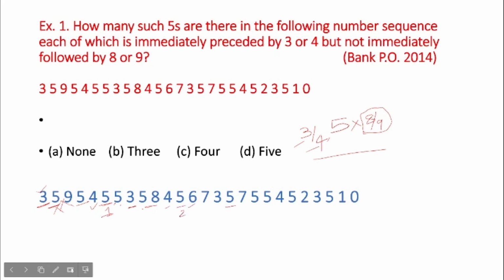Again a 5 here preceded by 3, not followed by 8 or 9. Again a 5 but it's not preceded by 3 or 4. Again a 5 not preceded by 3 or 4. Again we have a 5 preceded by 3 or 4, also not succeeded by 8 or 9. Again a 5 here preceded by 3, not followed by 8 or 9.